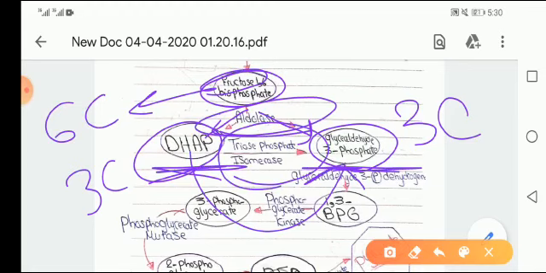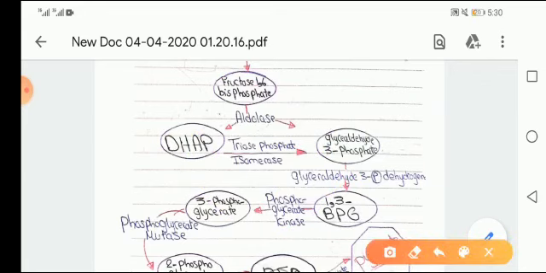And now we have 2 molecules of glyceraldehyde 3-phosphate. I got the first one from the cleavage of fructose 1,6-bisphosphate and the second one from isomerization of dihydroxyacetone phosphate to glyceraldehyde 3-phosphate. And so all the following steps will be duplicated.